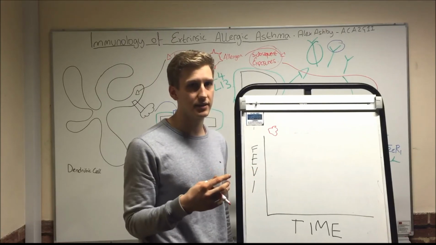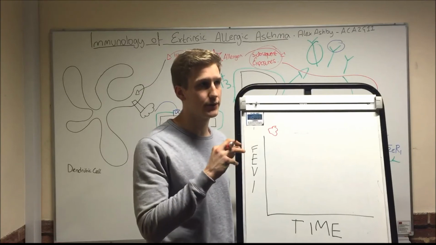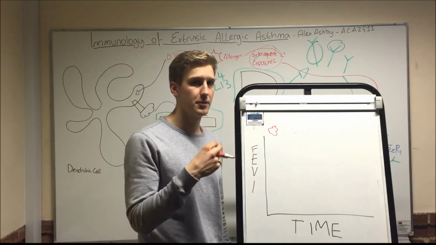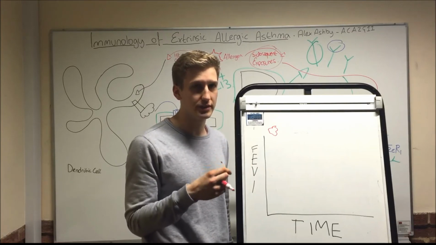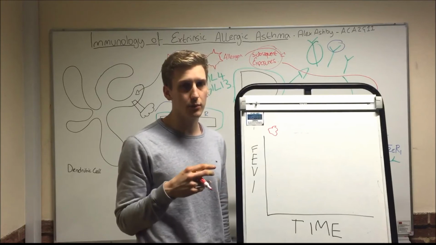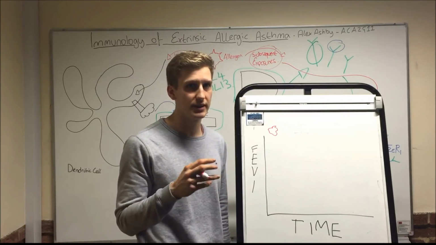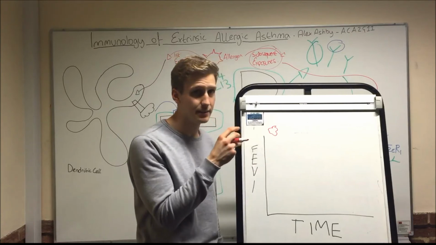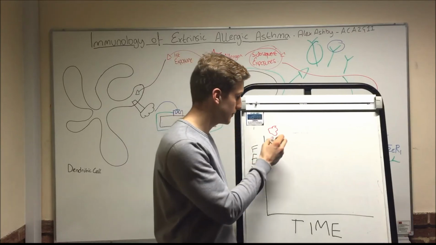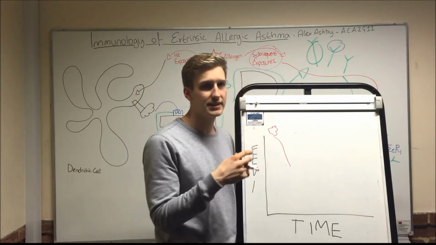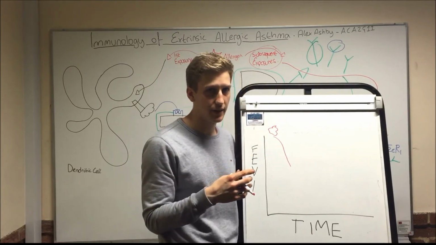Now the first thing that happens is these granules fuse with the membrane, releasing lots of histamine specifically. The mast cells also start to produce cysteinyl leukotrienes, but this takes a while longer, and they also start protein synthesis for cytokines, but this takes a lot longer. So, firstly, the histamine causes bronchoconstriction, so the FEV1 declines, but this histamine is quickly degraded.